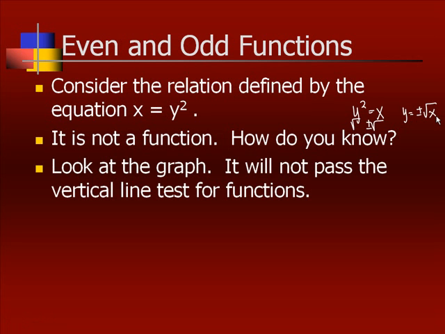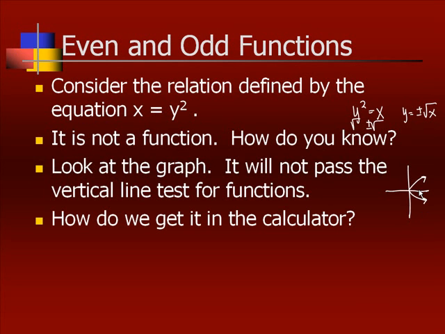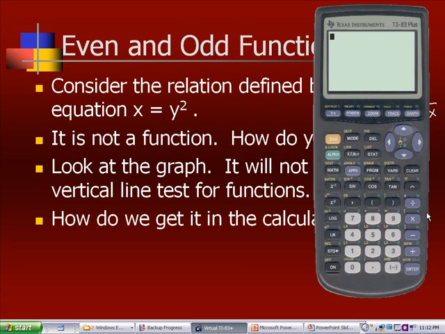Now, look at the graph. Well, the graph of y squared is this parabola that's laying on its side. That will not pass the vertical line test. Now, how are we going to put it in our calculator to look? Well, we can go y equals, and we usually do pretty good on the first one, the square root of x.